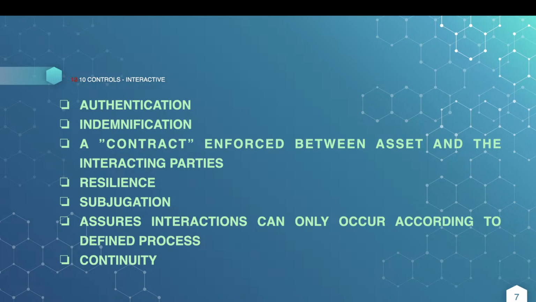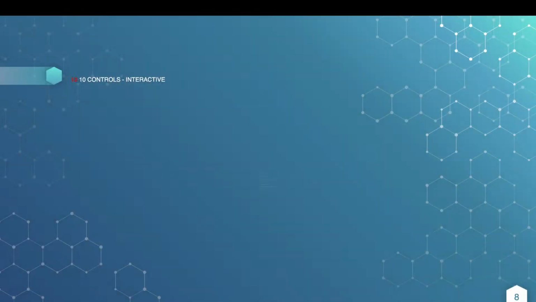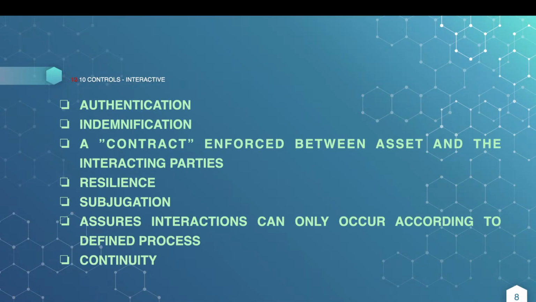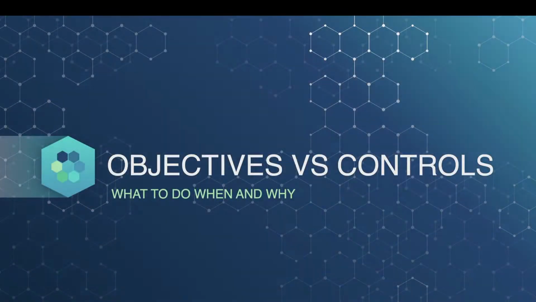Subjugation, which assures interaction can only occur according to the defined processes. And continuity, how will it perform? What's their uptime of this specific asset in the event of failure, of course?